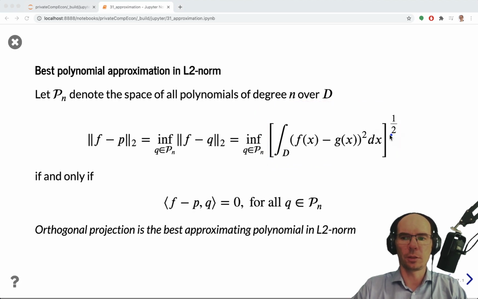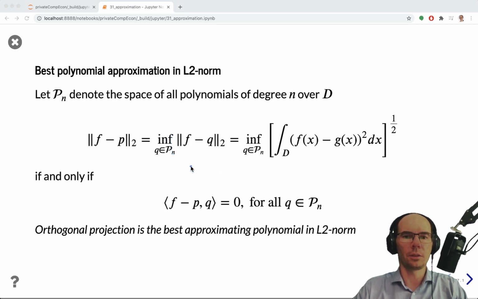We take the square root of the squared residuals between the two functions, where the residuals are integrated over the domain of the polynomials. So in the sense of the best L2 norm, the polynomial p will be the best approximation if it achieves the infimum, the minimum, over all of the possible polynomials in this measure.